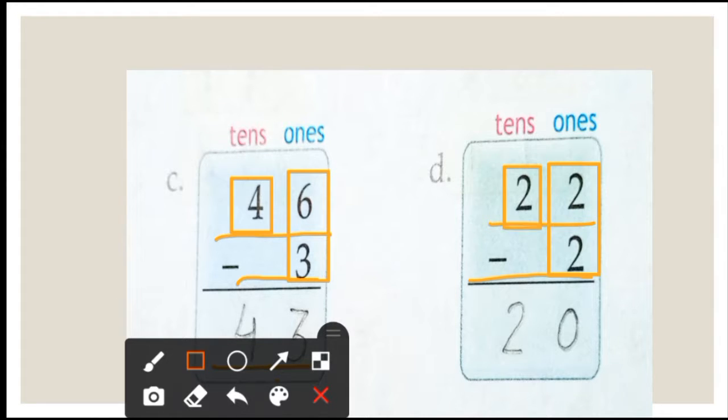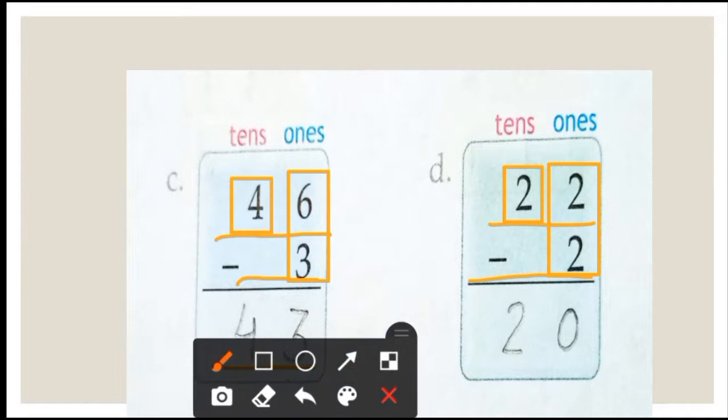Now we will first subtract our ones part. For this question we will draw 2 lines, 1 and 2. Now we have to cut 2 lines, 1 and 2. It means both lines are cut, so our answer is 0. And we will write it in our answer part.